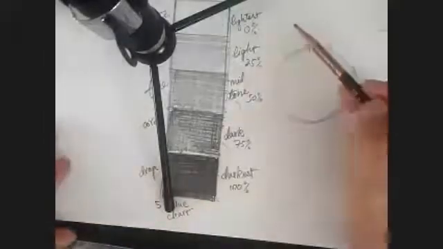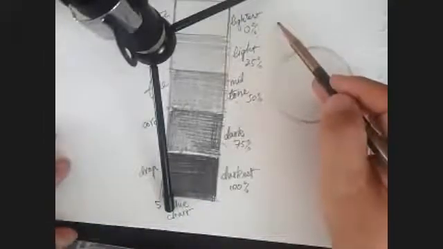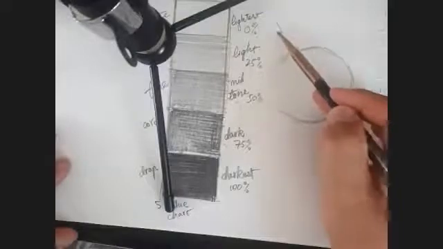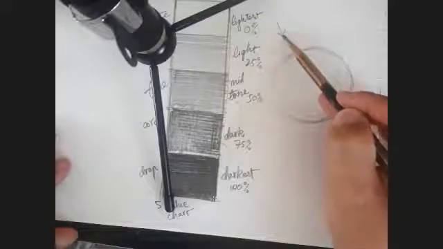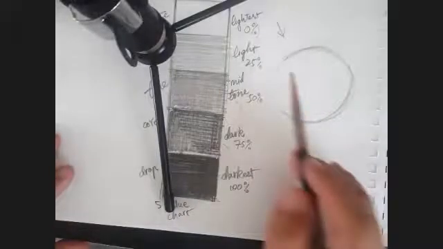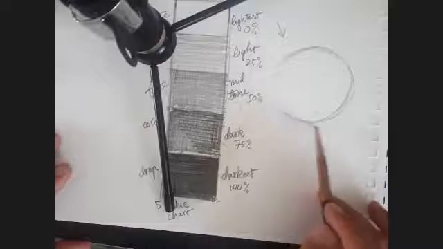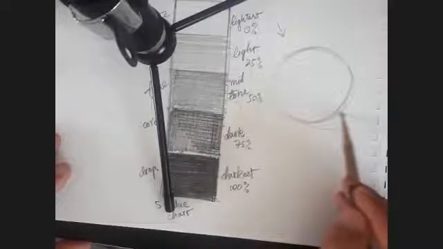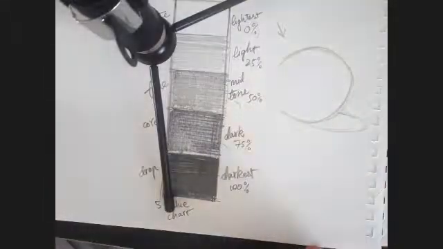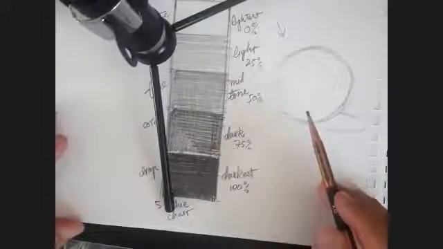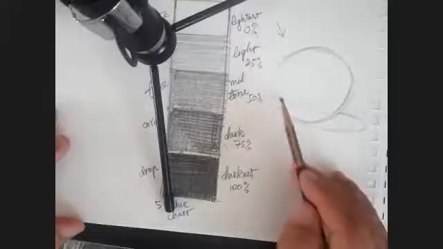And suppose that the light source is here. The light comes from here. So the sphere casts shadow in the opposite direction. Okay, so first of all, this is a sphere, and here I will draw a line like that.